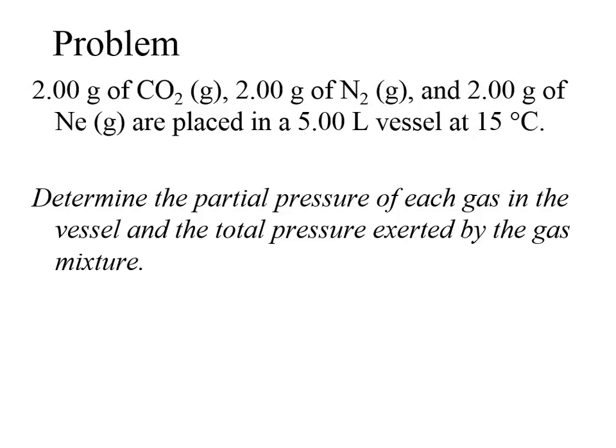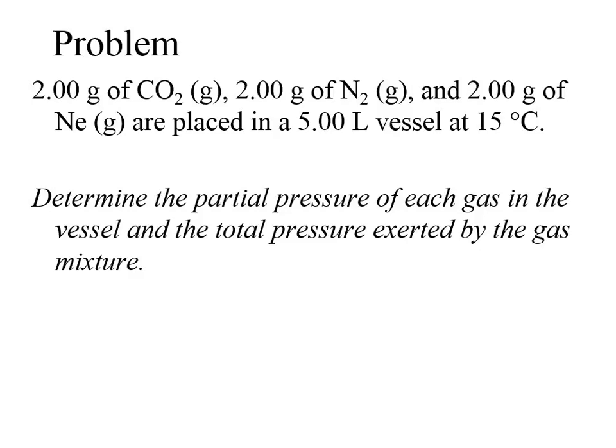So in this example, we have three gases that are in the common container banging around. We have carbon dioxide, nitrogen, and neon. Unfortunately, notice we aren't given the amount in moles, we're given the amount in mass. So here in a minute, we're going to have to get moles of everything, but we can do that. We're supposed to determine the partial pressure of each gas and the total pressure. Okay.